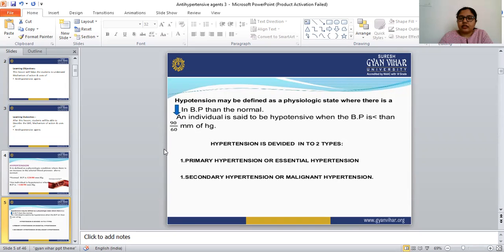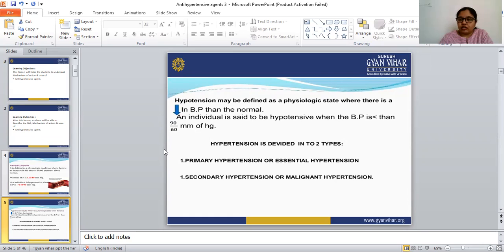An individual is said to be hypotensive when the BP is less than 90 by 60 mmHg. So this is all about hypertension and hypotension.